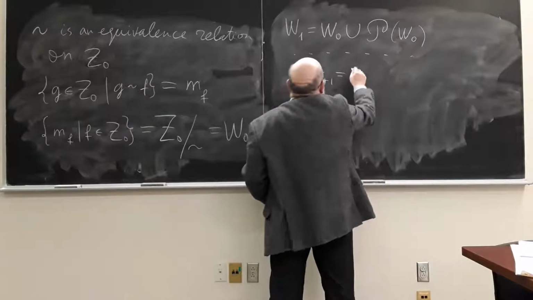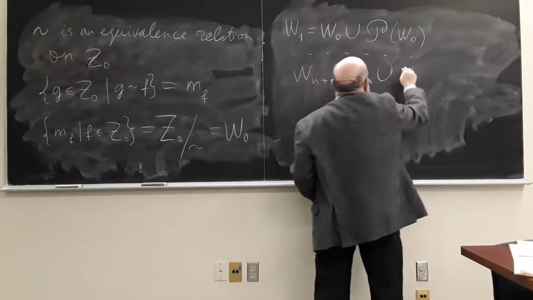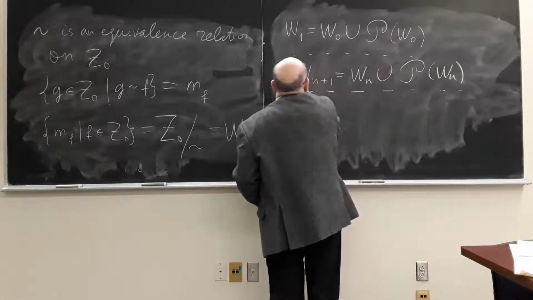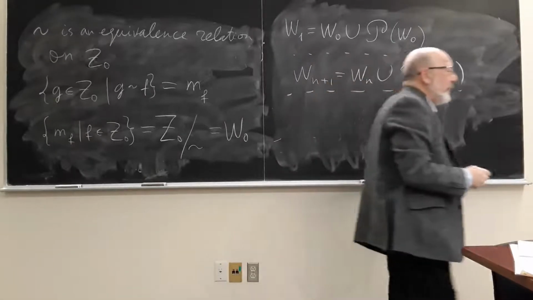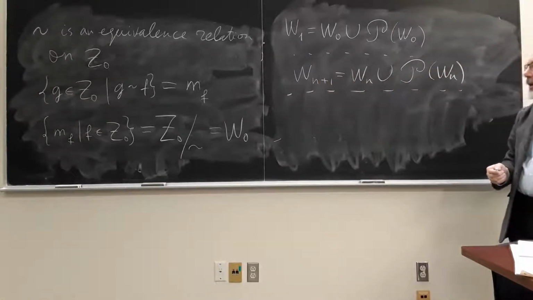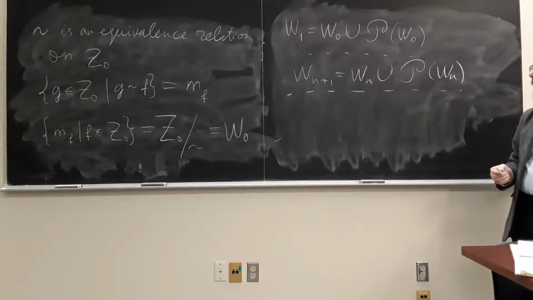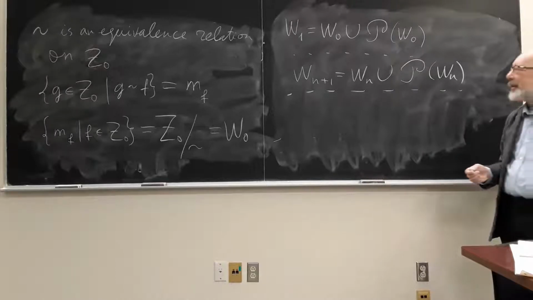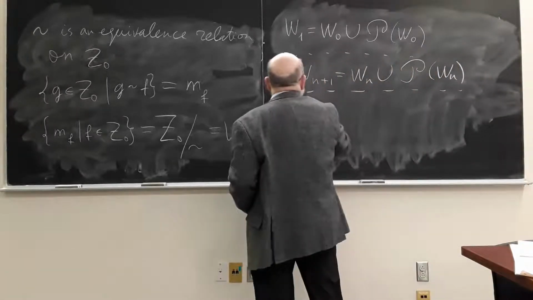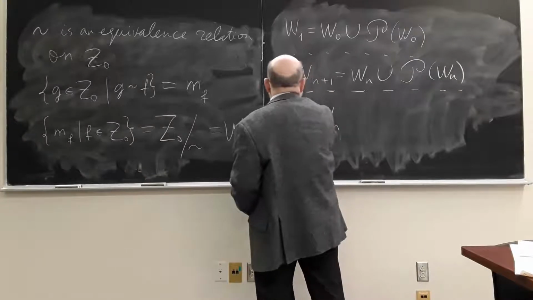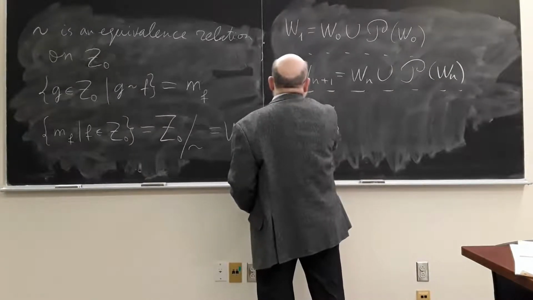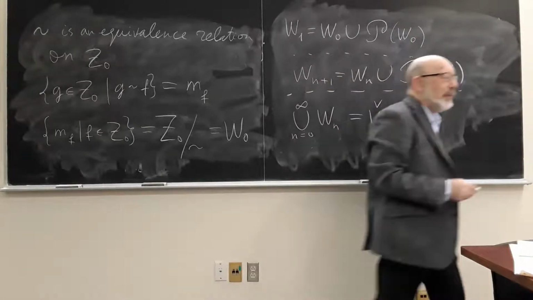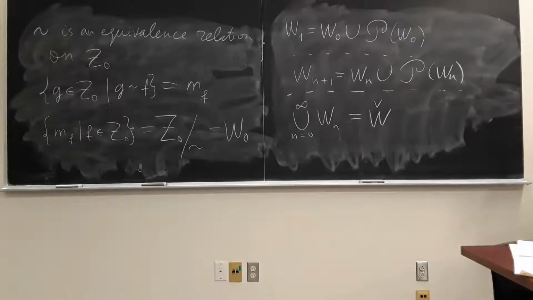Wn plus 1 is Wn union the set of subsets of Wn, for all n. So we define another superstructure which is visibly much larger than the previous superstructure S. The union of Wn, n from 0 to infinity, let me denote it by W check. So it is another superstructure.